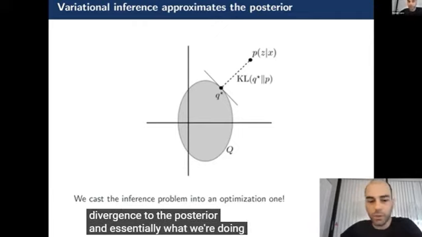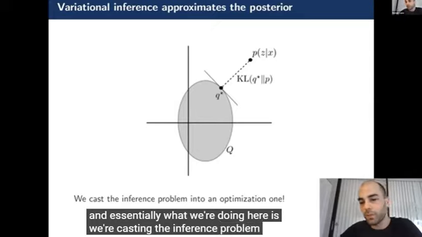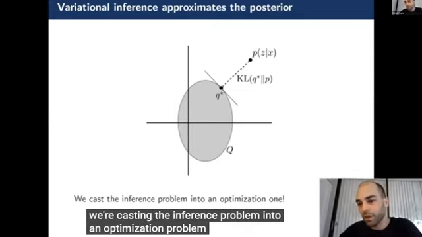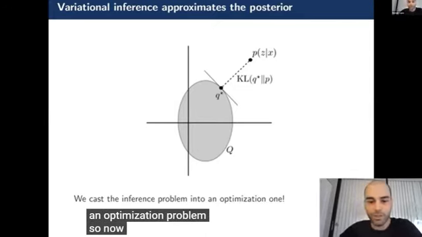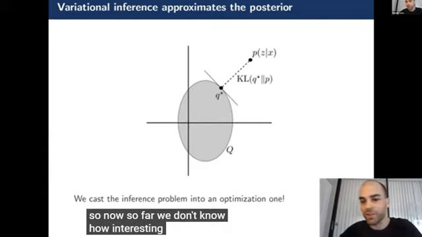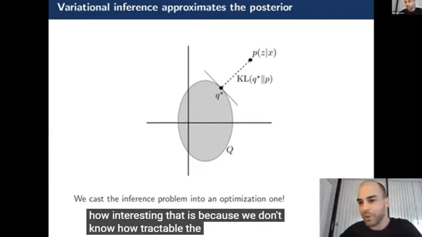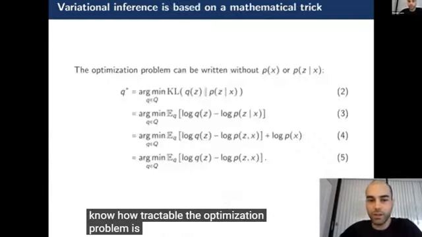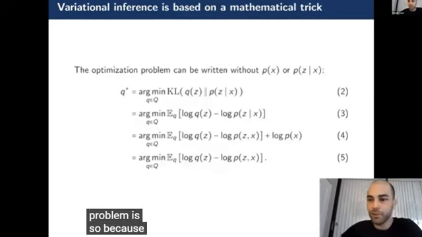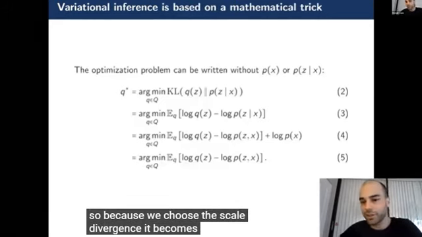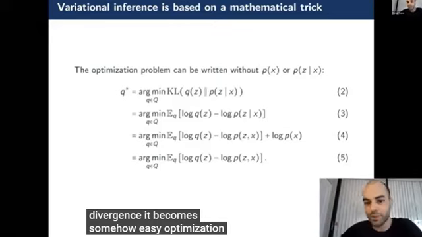Essentially, we're casting the inference problem into an optimization problem. So far we don't know how interesting that is because we don't know how tractable the optimization problem is. Because we choose this KL divergence, it becomes a somewhat easy optimization problem.